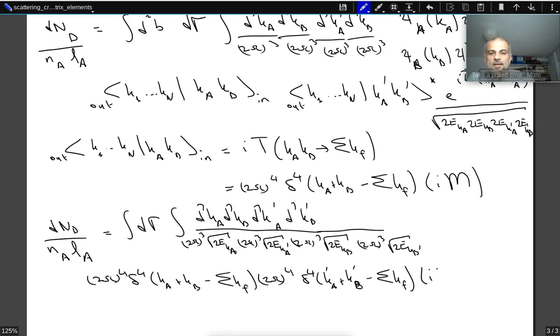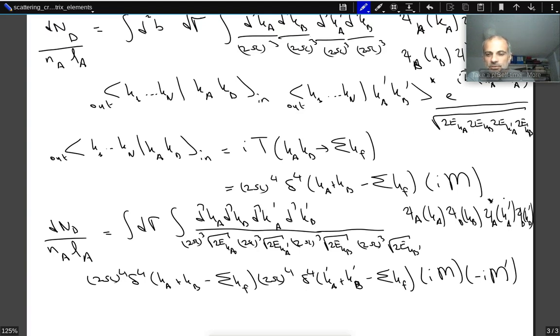And then we have iM and minus iM prime. This M prime is with the momenta ka prime and kb prime. And then we have the wave functions psi a of ka, psi b of kb, psi a of ka prime, psi b of kb prime. The primes are with the conjugate.